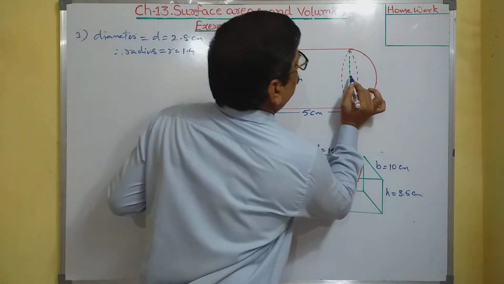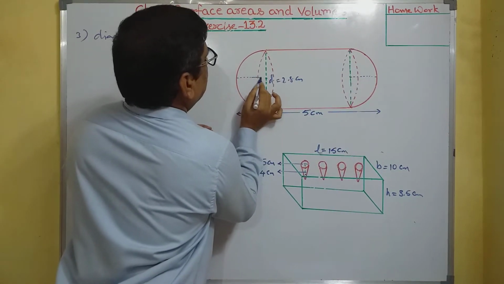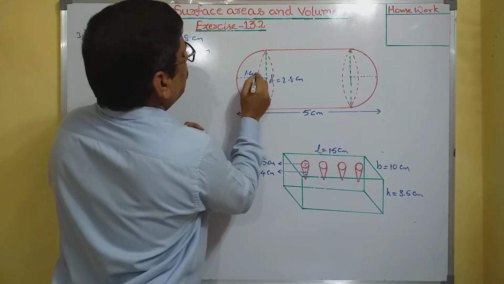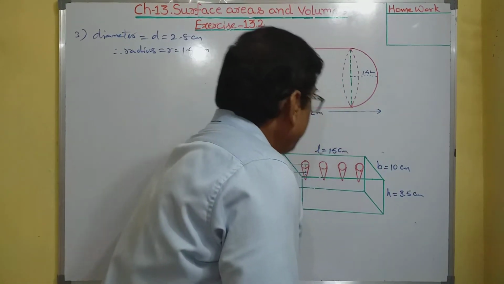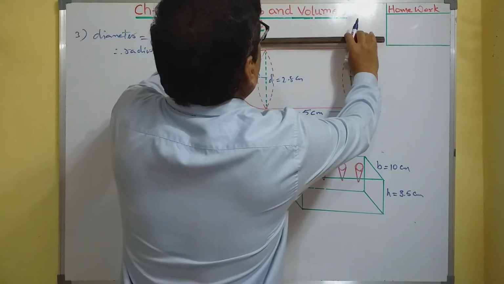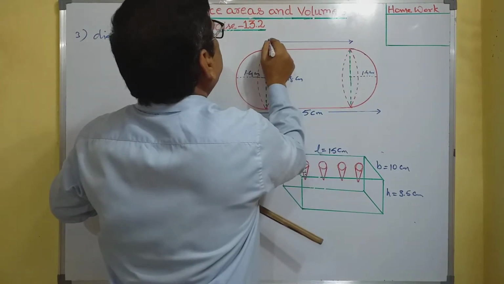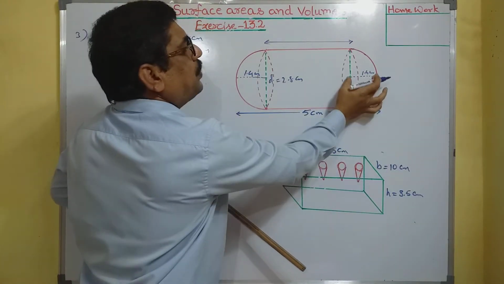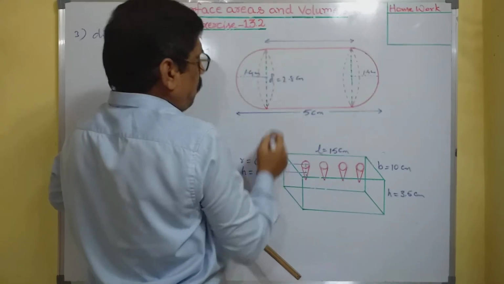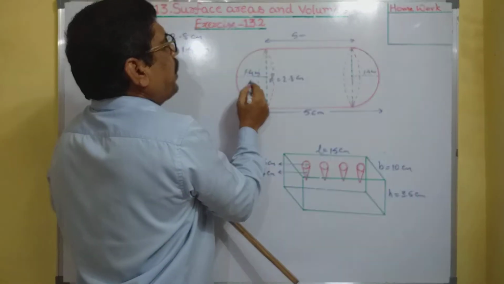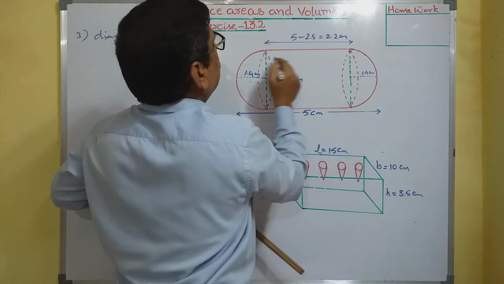Now the radius means this length, and here also this length. The radius is 1.4 centimeters here, and here also 1.4 centimeters. Now, what would be the remaining length? That is the length of the cylindrical portion. This portion is from the 5 centimeters length. If you subtract this radius and this radius, that is 5 centimeters minus 1.4 and 1.4, minus 2.8, you will get 2.2 centimeters.